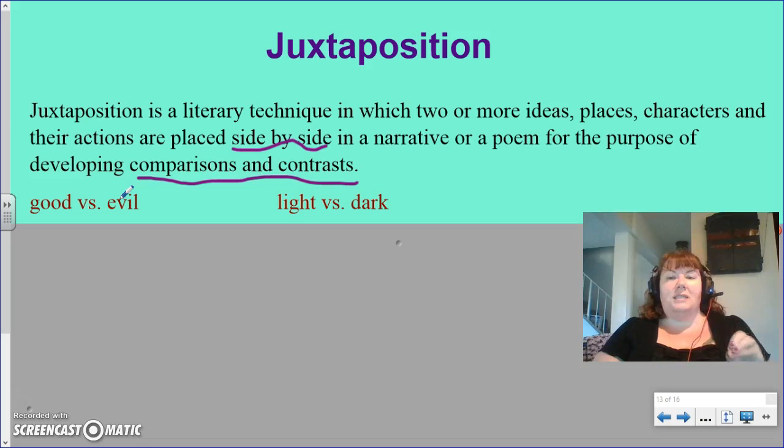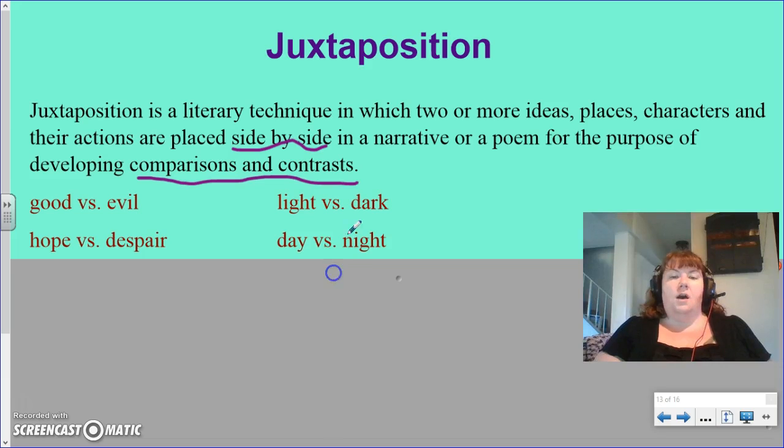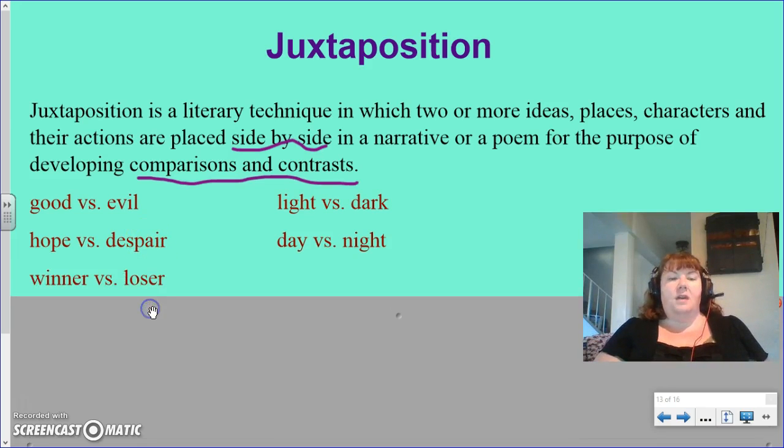It brings that together to show you that emphasis. This idea of light versus dark, or day versus night, fits as well. Hope versus despair, something positive versus something negative. And another one I did was a winner versus a loser. So authors use these a lot with the intention of showing that stark difference.